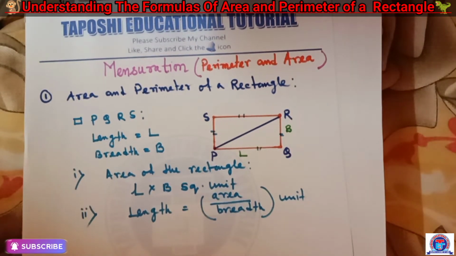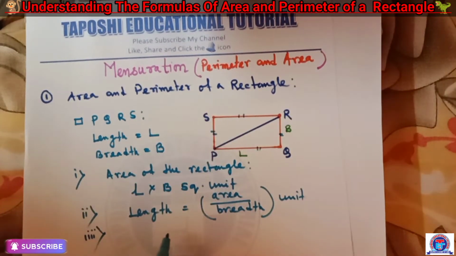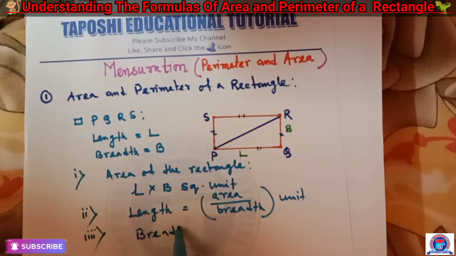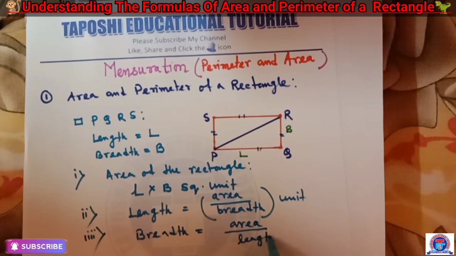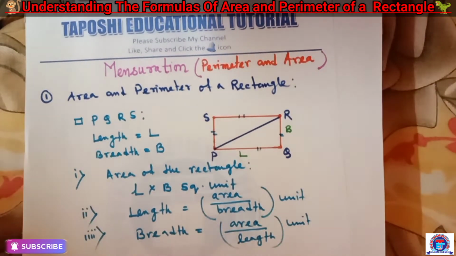Now we find out the breadth of this rectangle. So we can write breadth is equal to, same like that, area by length, it is also unit. Right?